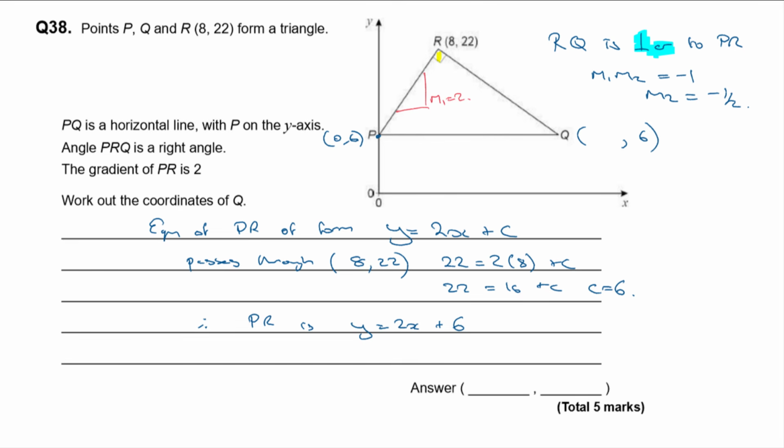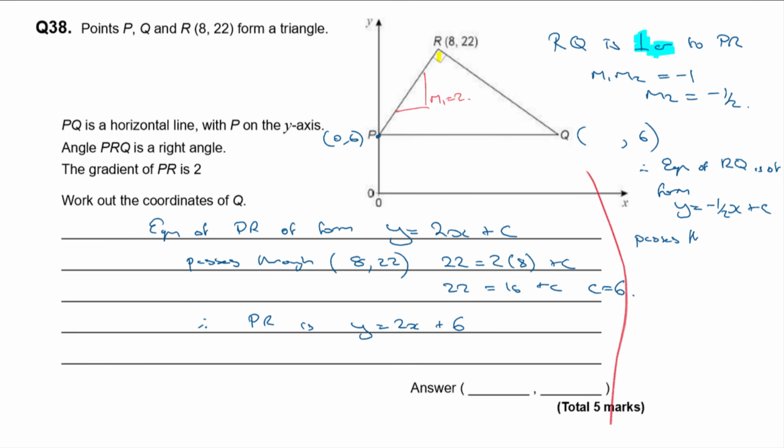Okay, so therefore we know that the equation of RQ is of form y is equal to minus 1/2 of x plus c. Okay, so now we need to find the c value of our new equation. So then we know it passes through the same point, doesn't it?